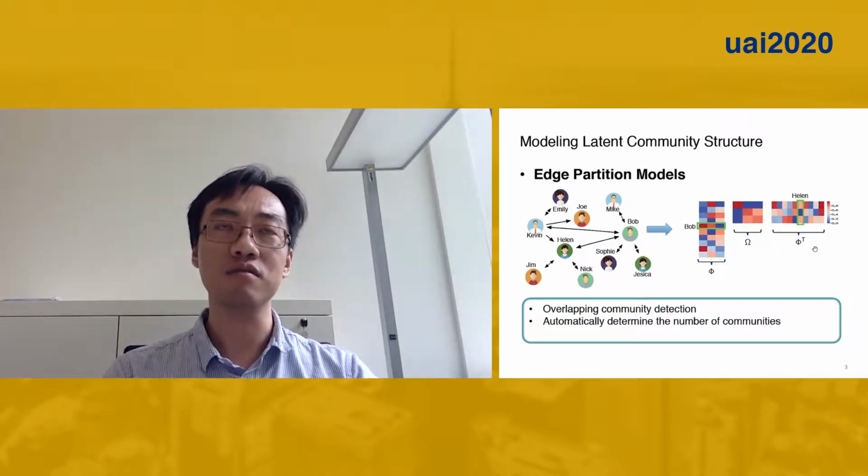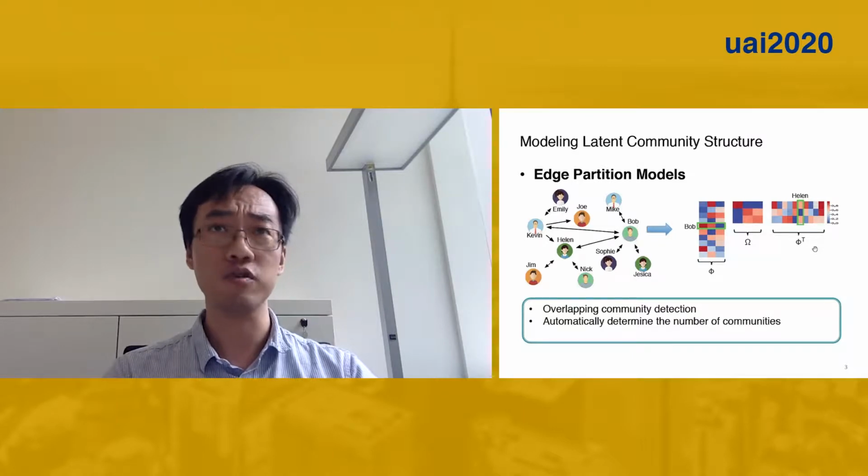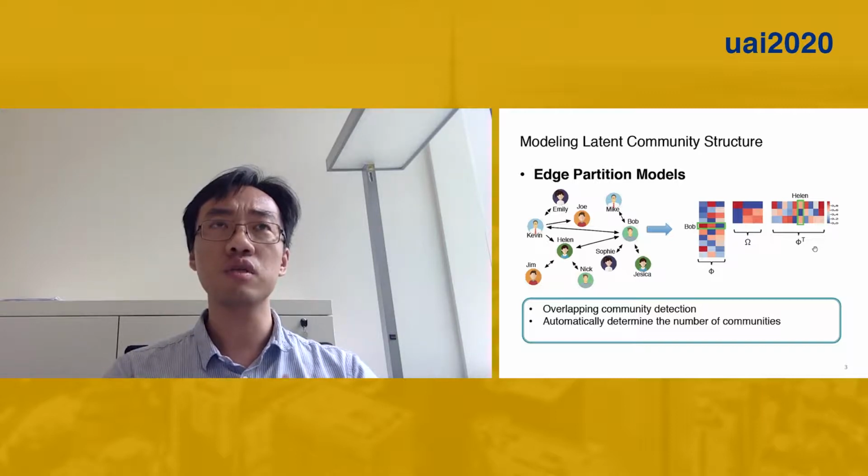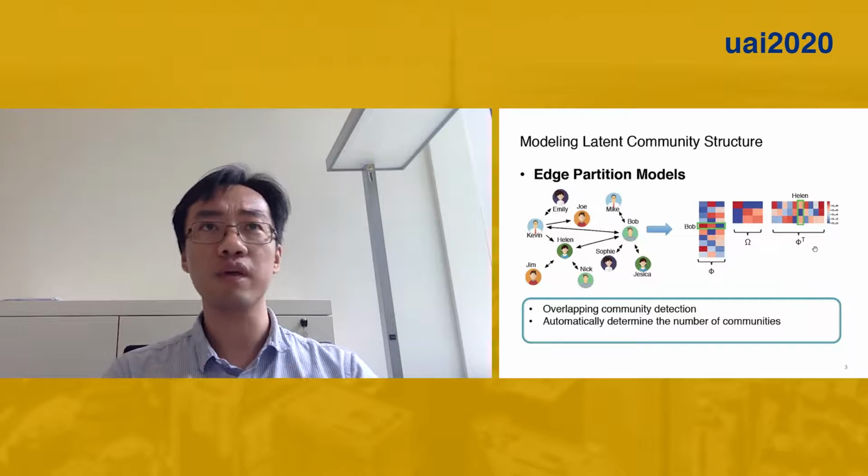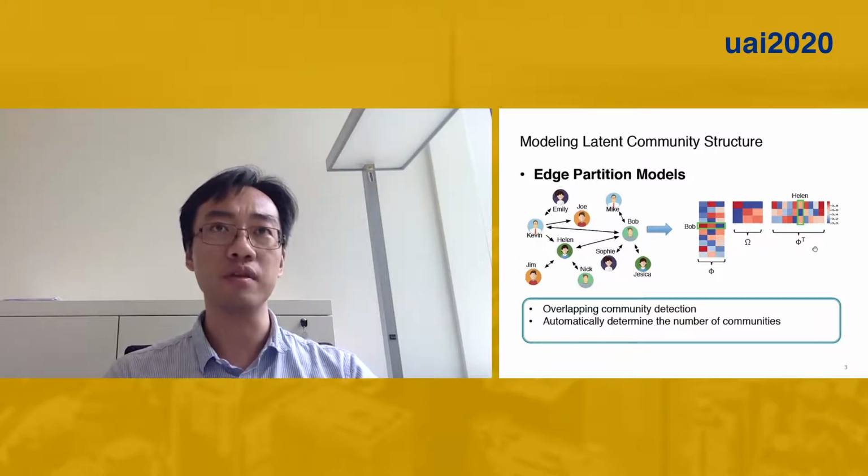Each element of this vector captures how strongly that node is affiliated with the different latent communities. In short, the edge partition model can be considered an overlapping community detection method. And the number of latent communities is automatically determined by this method in a nonparametric manner.